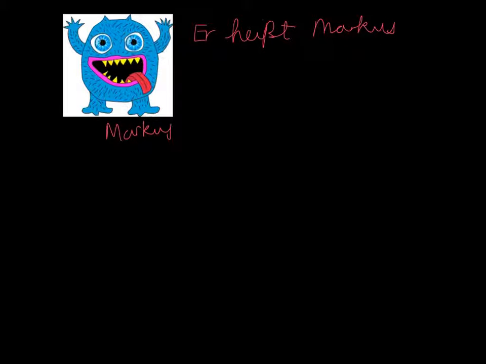So, heißt Markus und kommt aus Mars. Good. You can see here the T endings because, of course, he is third person, so I'm using that part of the verb.